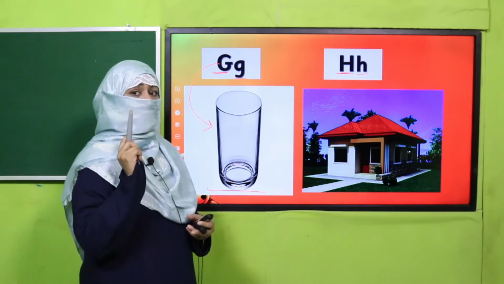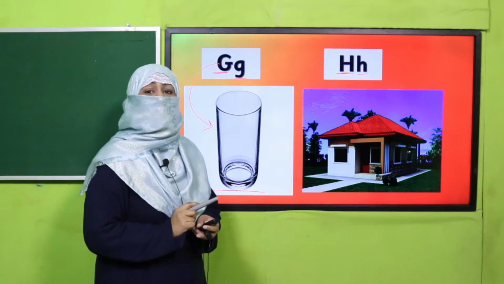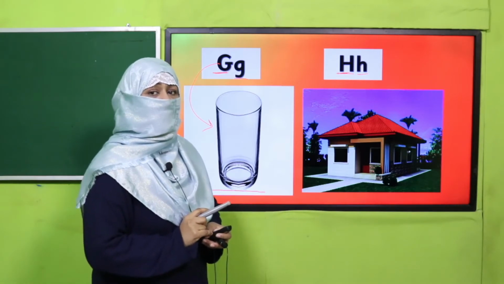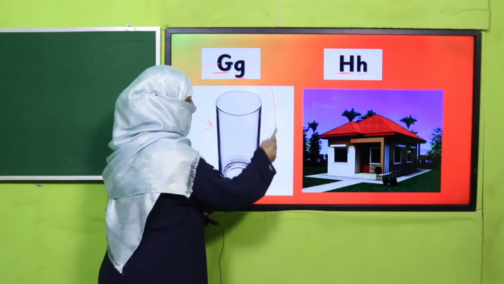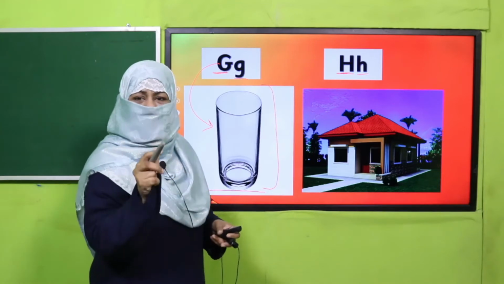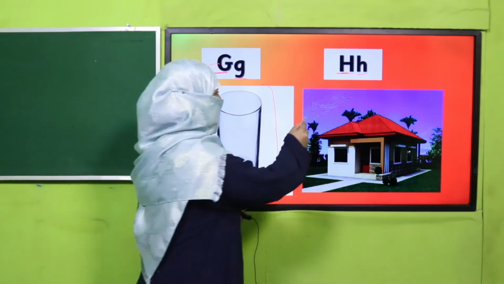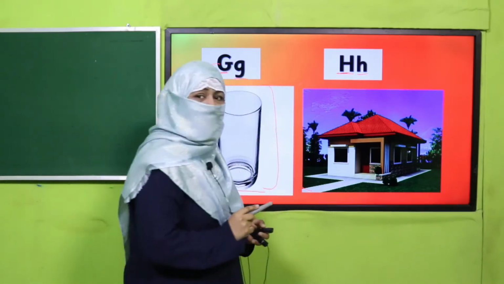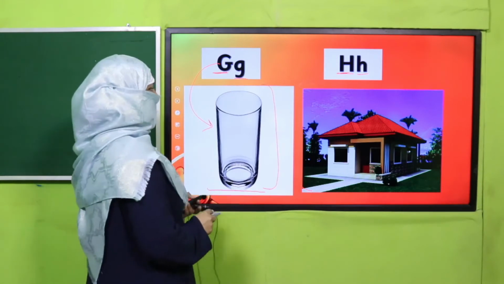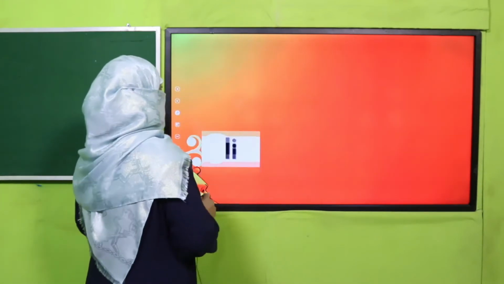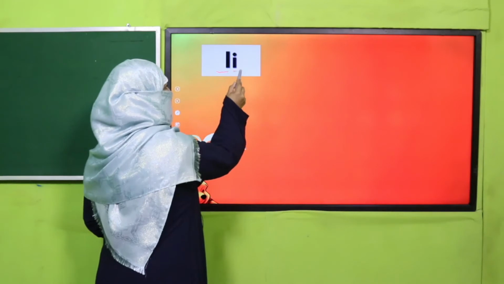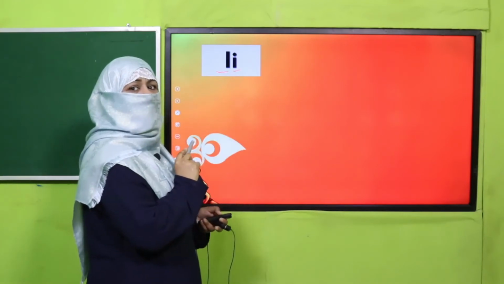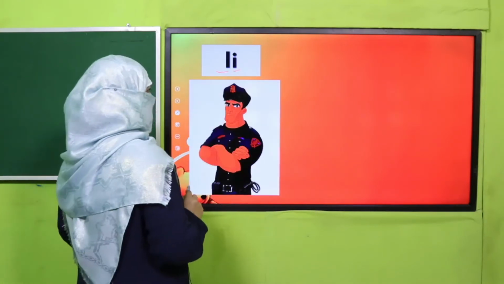Now you see, this is glass. I have taught you, glass is a naming word for a thing. Good. And house is a naming word for a place. Good. Next is capital I, small i, and it's inspector.